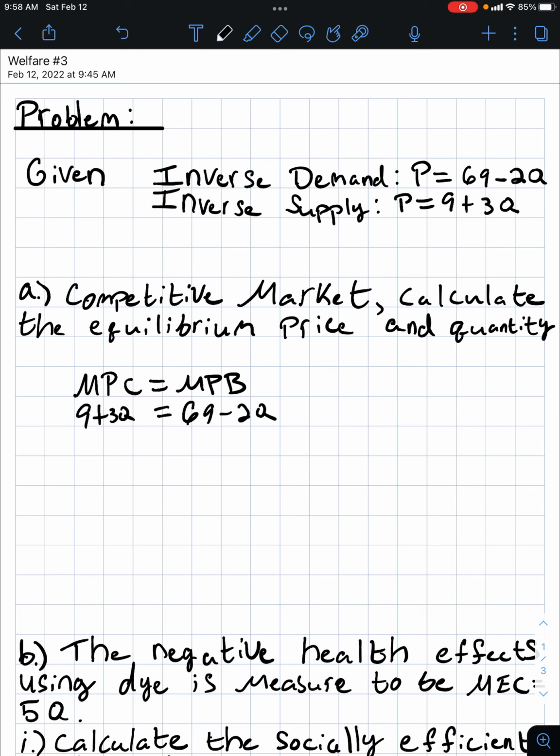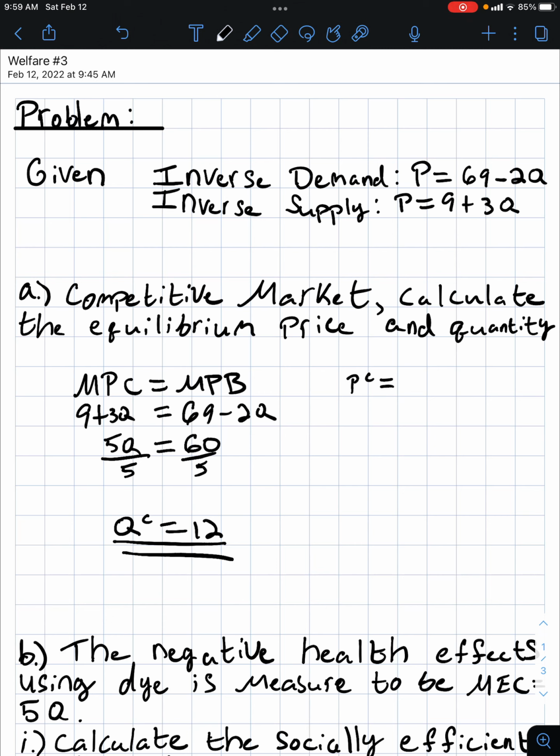Now we need to solve for Q, and to do that, we can add 2Q to both sides and subtract 9 from both sides to get 5Q is equal to 60. Then we can divide by 5 on both sides, and we get a QC equal to 12. And then to find our equilibrium price, or PC, we can either plug 12 into our marginal private cost or marginal private benefit.